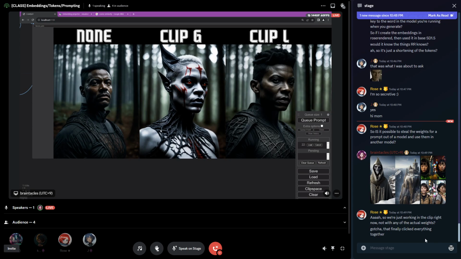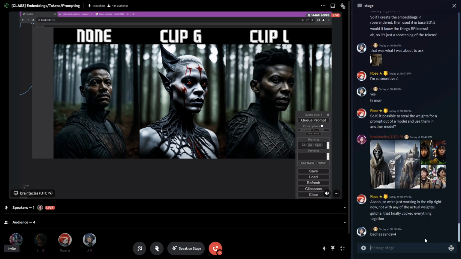Everybody uses them, no matter what model they use, just because it works with any model. It doesn't care about your unet. It doesn't care about your text encoder very much. Bad hands v4, yeah. So that's the cool thing about textual inversions.